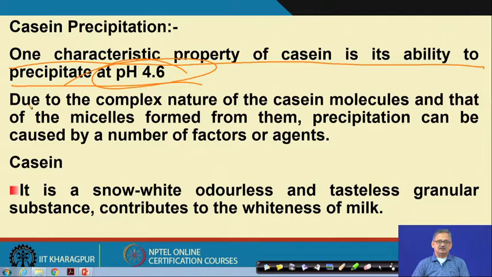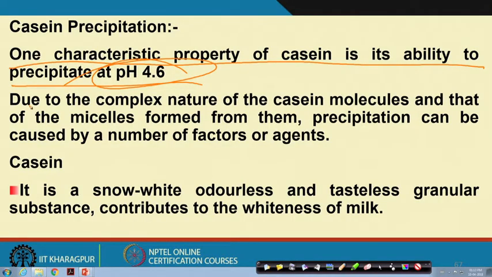You remember that we had said that these caseins do have charge, and when you are adding acid, that means you are adding some more charges. So, they are neutralizing. When it becomes that isoelectric point 4.6, that corresponds to the sedimentation or separation of the casein. That is how casein precipitates, right.